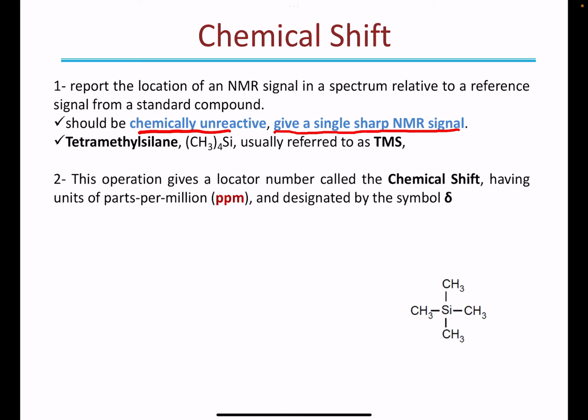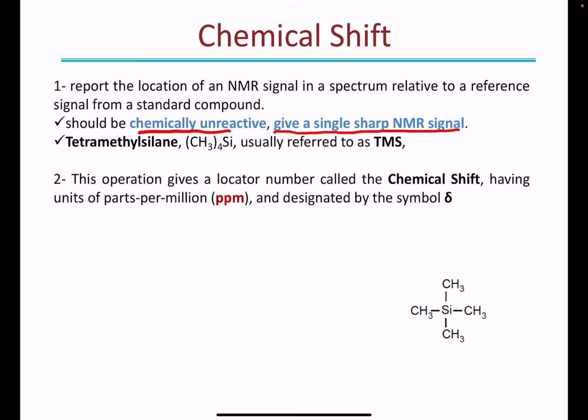One advantage of tetramethylsilane as a reference is that its signal is given at the far right of the spectrum, and no other signal can be to the right of that one. This is why it's taken as 0, and everything else is relative to the signal given by tetramethylsilane.